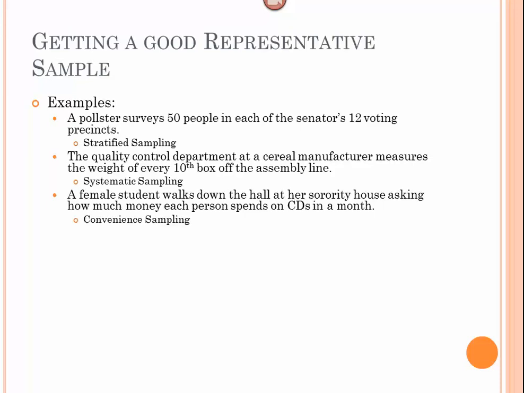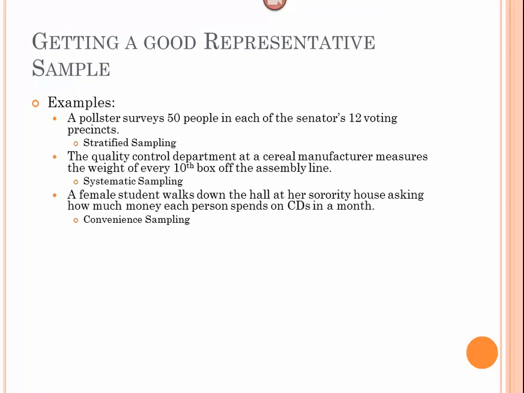The student in question is most likely trying to target students at her college or wherever. And so if that's her target population, to find out overall how much students are spending on CDs every month, then she needs to go outside of her sorority. For one, she's only getting a sample that has females.